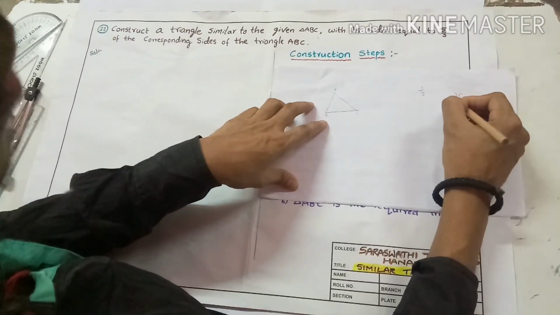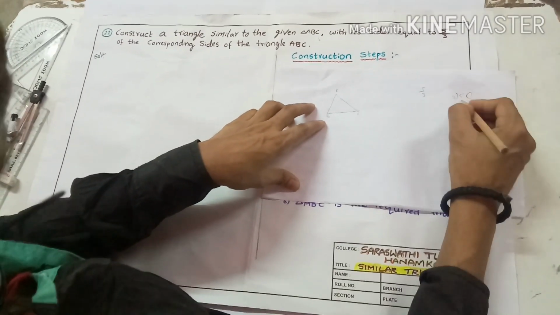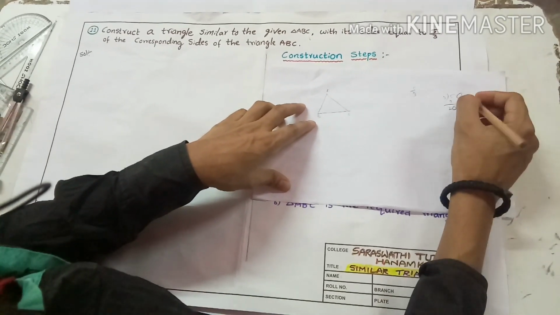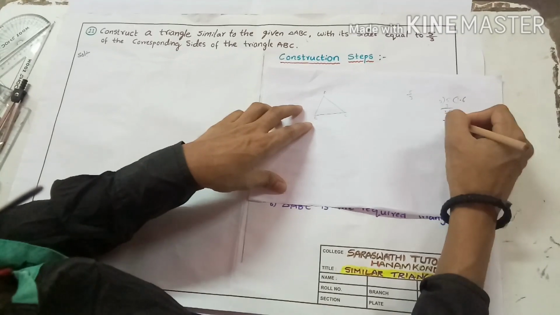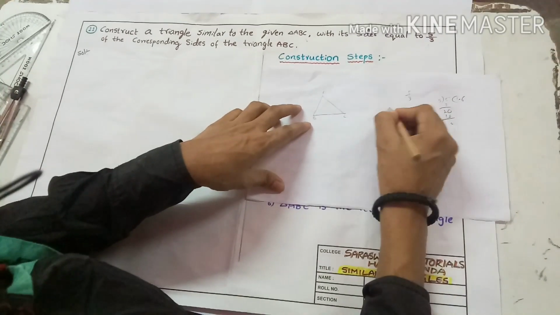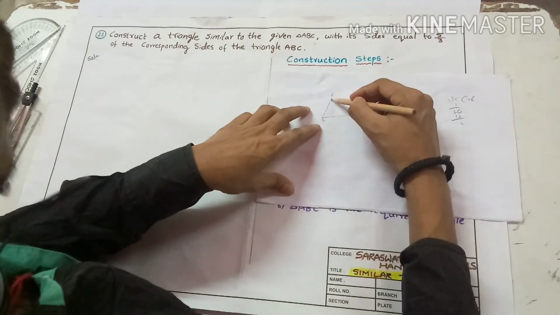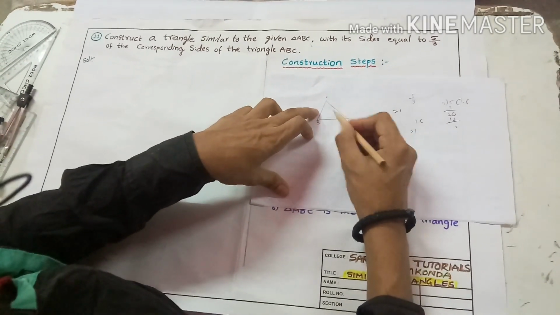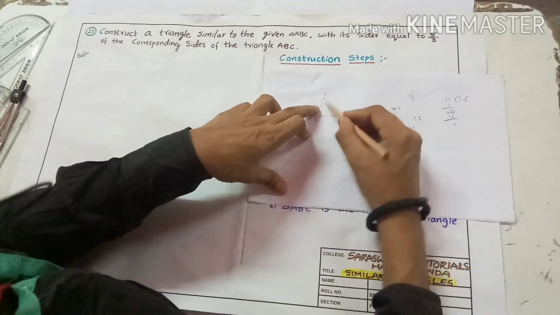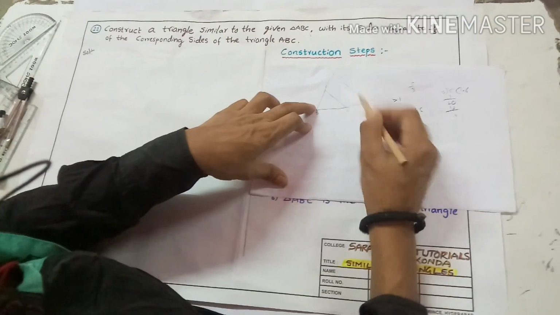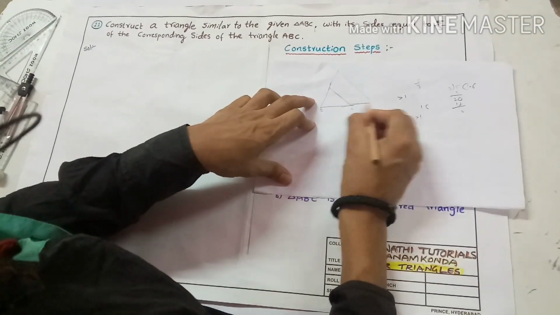If we divide 5 by 3, 3 ones are 3 and the remainder is 2, then 3 sixes are 18, so its value is approximately 1.6. That means the value is greater than 1, so the required triangle is greater than the old triangle, and it will form outside the given triangle.